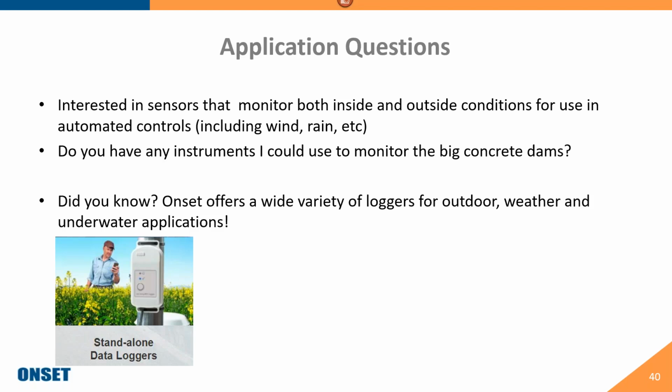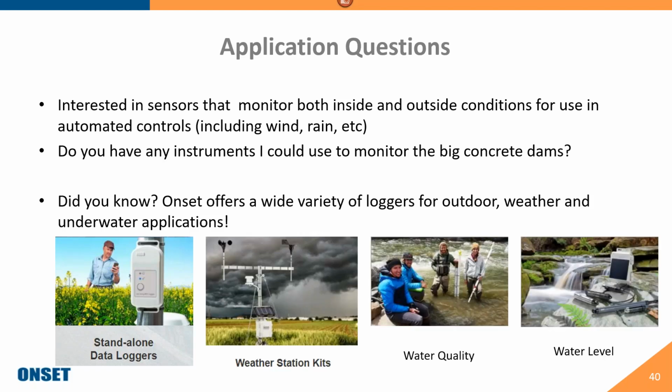But we do have a wide variety of sensors and data loggers, even right down to full-blown weather stations, water quality sensors, water level sensors, or the product on the left, just a simple temperature and humidity sensor that's Bluetooth enabled. So definitely check out the website, or reach out to Shannon. Shannon's going to be the guy who you're going to want to talk to with specific questions as well.